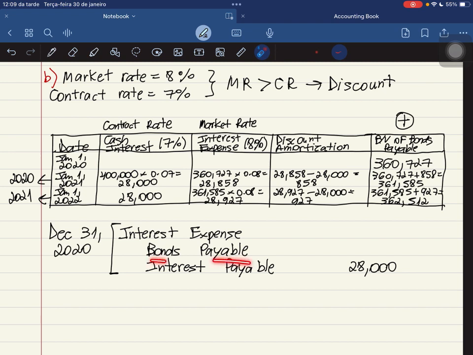Then the bonds payable, this is going to be the discount amortization. So in our case, since we're looking at 2020, it is 858, and the interest expense is the total amount that I would be spending according to the initial interest, right, plus the discount amortization. So we just have to add these two numbers like this.